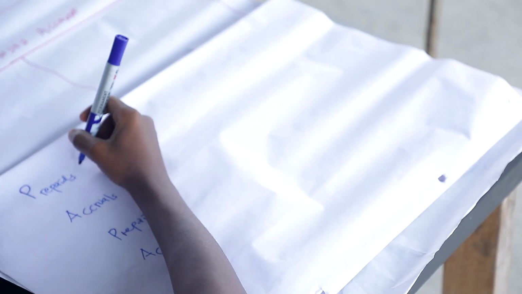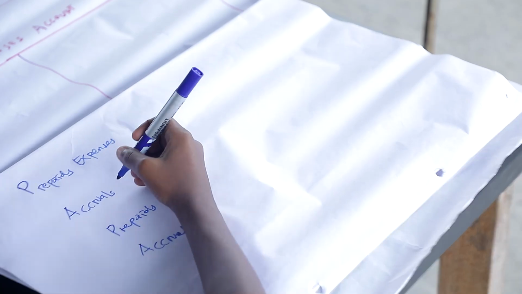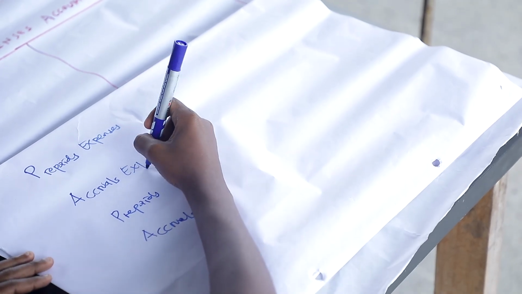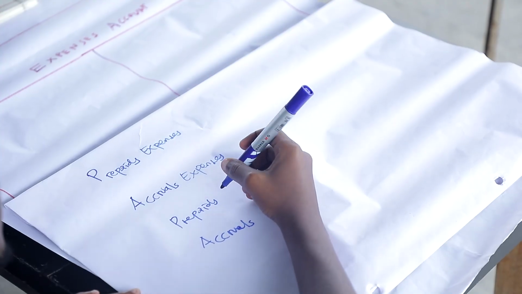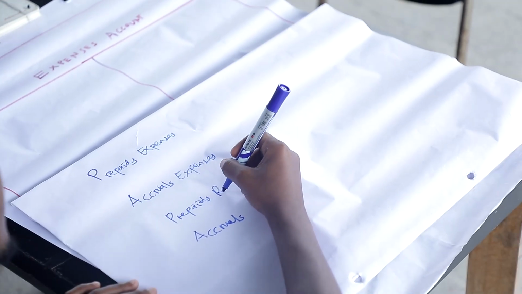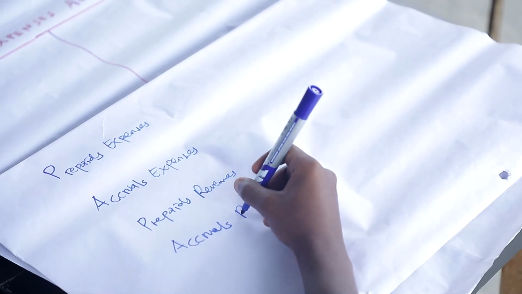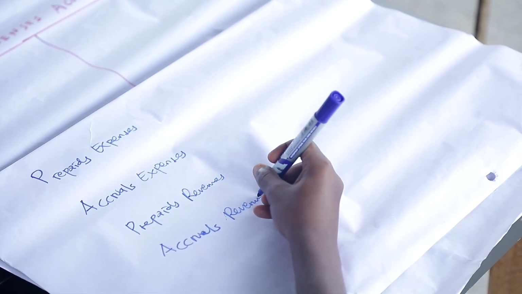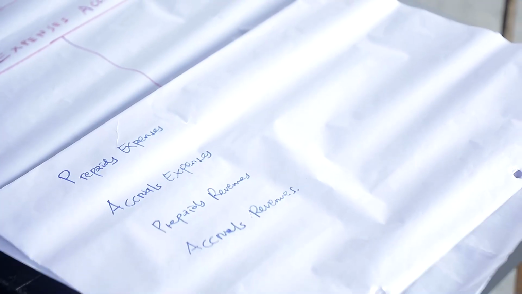So the first prepaids will be the prepaids for expenses, and the first accrual will be the accruals for expenses, and the last section will be prepaids for revenues, and here we'll have the accruals for revenues. So that's the first step after writing the PAPA.